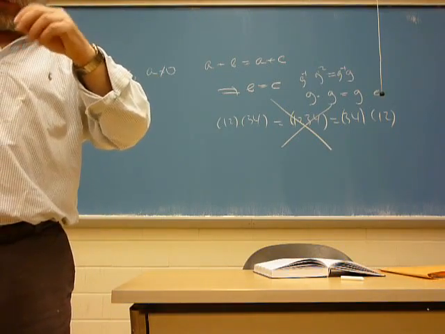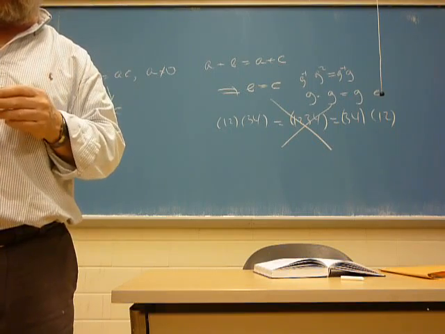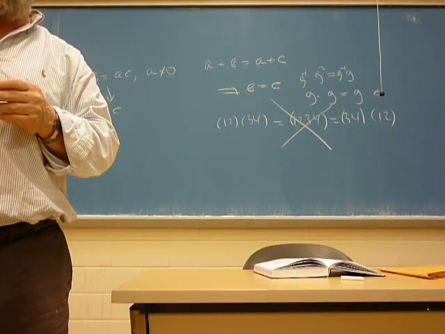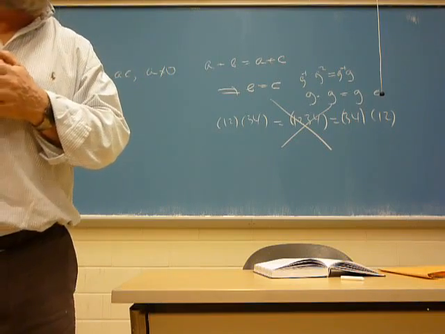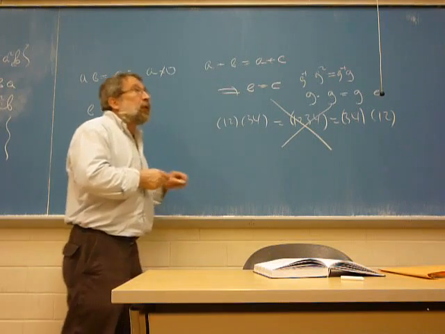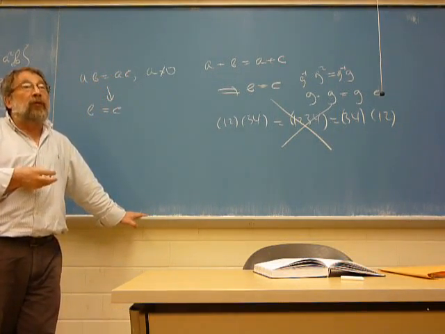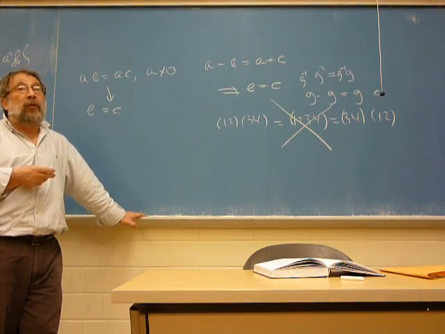If cycles consist of non-overlapping elements, they commute. And if they consist of overlapping elements, then they certainly don't commute.